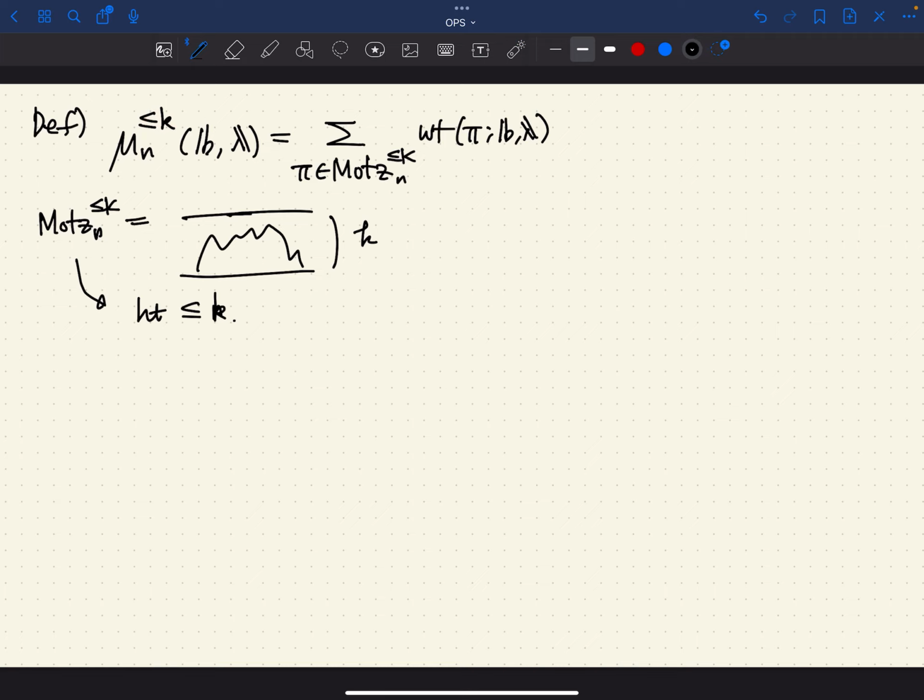And the theorem is, this is exactly the kth convergent.